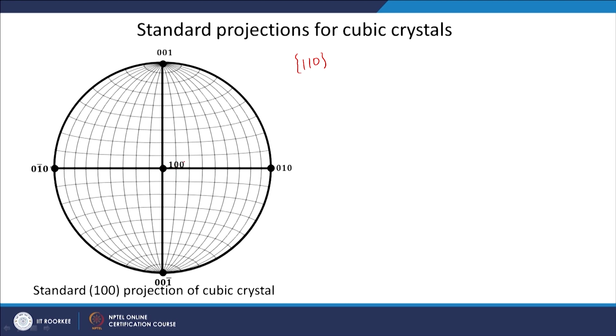When I am taking the normal, it is hitting the top pole. Then if I extend the plane, it will be the equatorial plane which is cutting the sphere at the equatorial plane itself. So, that will be the trace of this 100 plane.